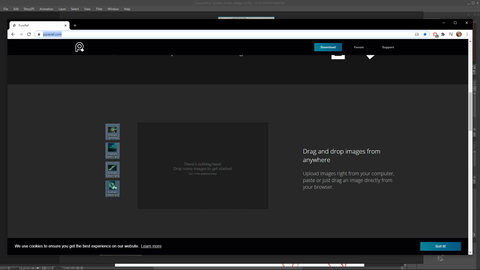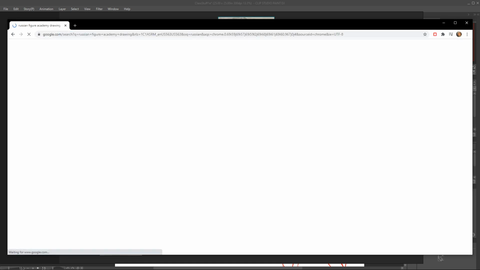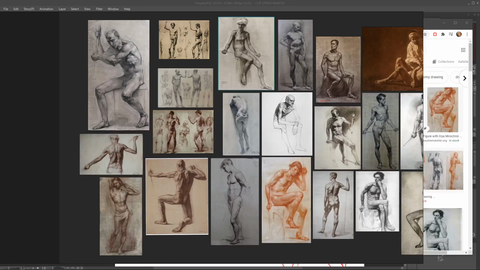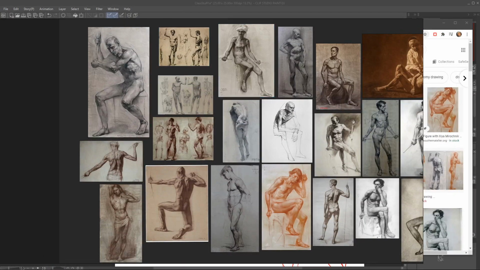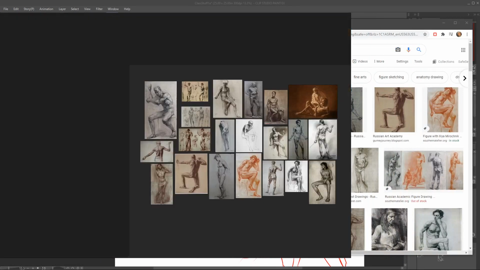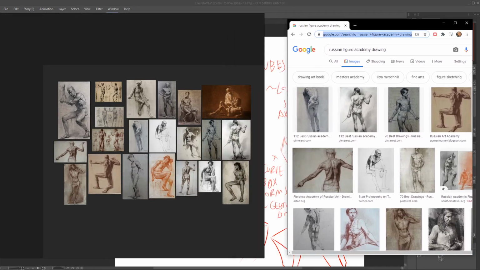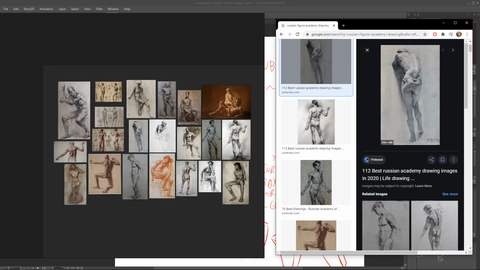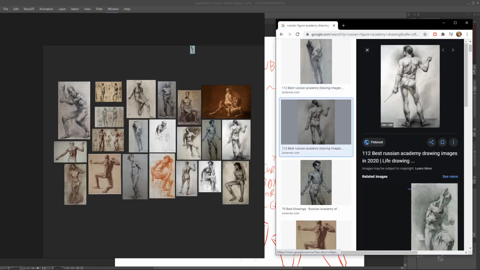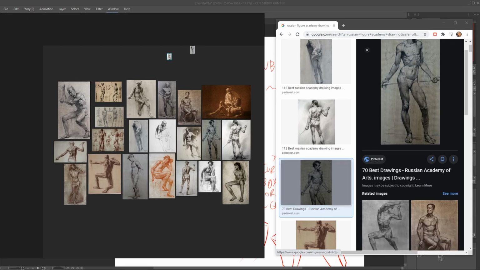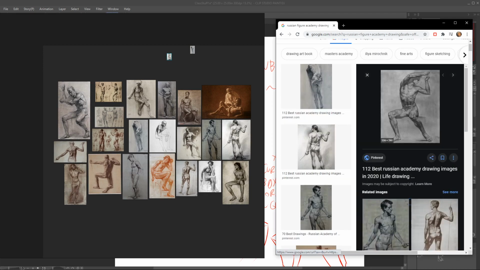So I would strongly recommend getting a hold of this because it's going to make things a lot easier. What I do is search Russian Figure Academy drawing, bring that up over here, and then, oh yeah, that's right, I have to right click to move it around. Do that and then yoink, yoink, yoink. Whoops, I think it already recognized that image again. Yoink.